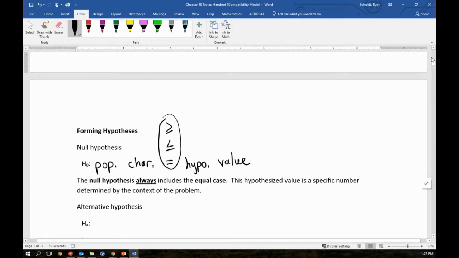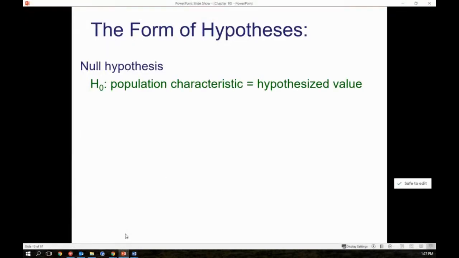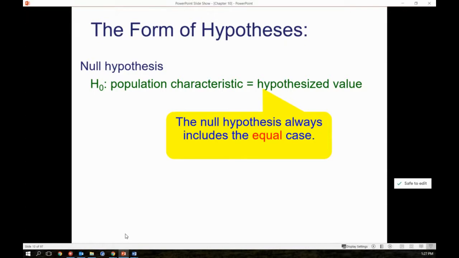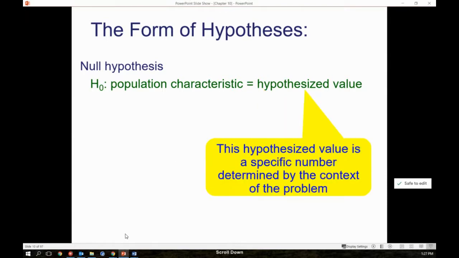Okay, so that's our null hypothesis. So in one way, shape, or form, we're always going to include the equal case. The hypothesized value is a specific number that's determined by the problem itself.